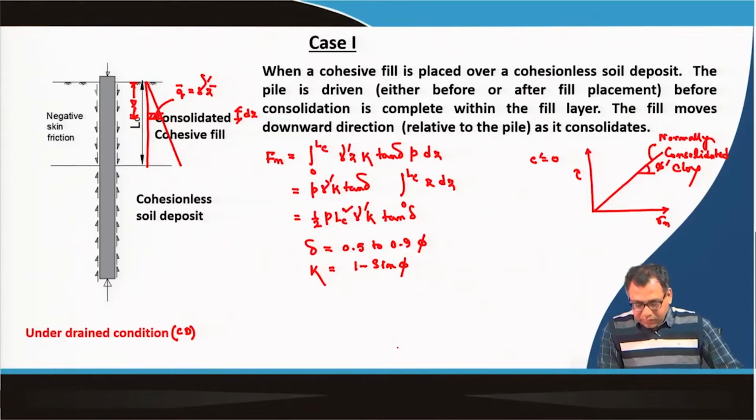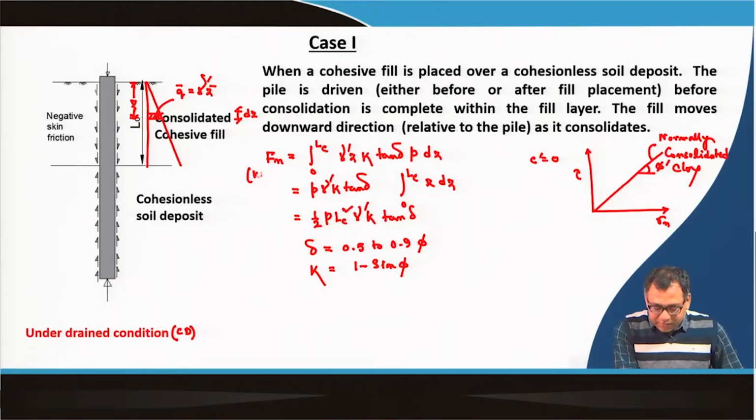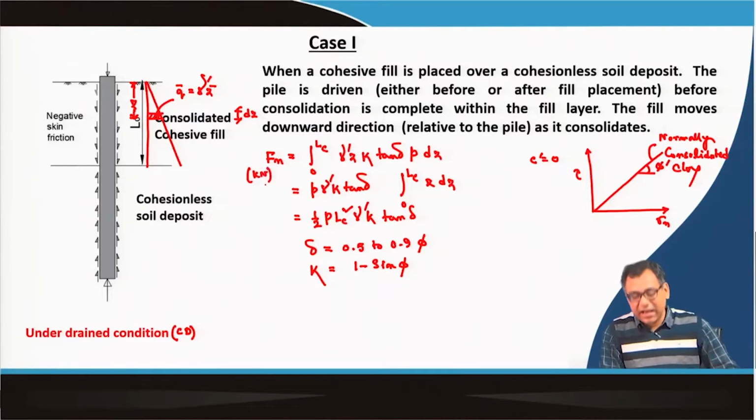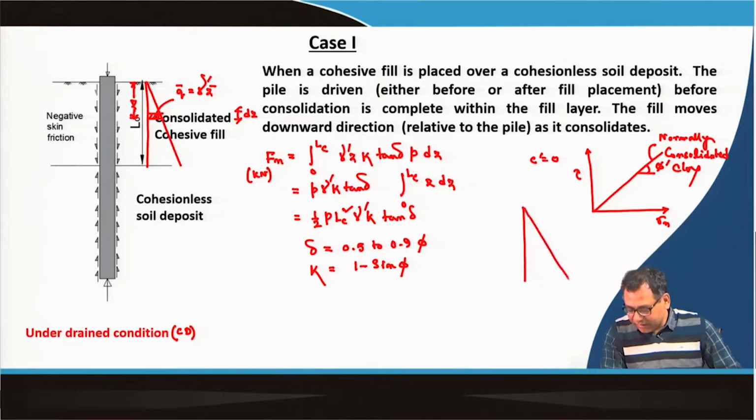Okay. So, this way we can determine the total negative skin friction, in kilonewtons, how much amount we can calculate, which is the same as the friction resistance calculation for the pile. For the friction resistance calculation for the pile we have done the same thing, because in that case we have taken this average friction resistance.